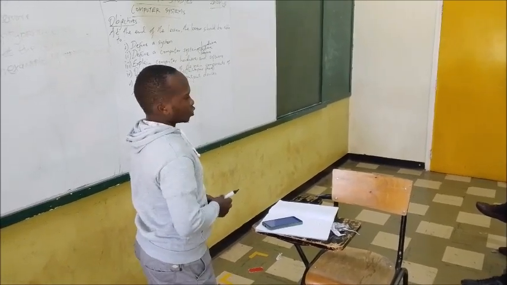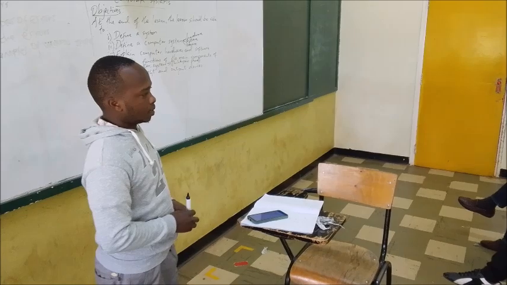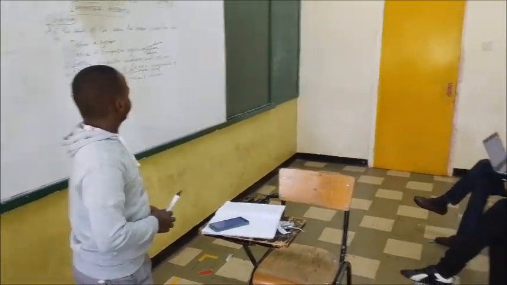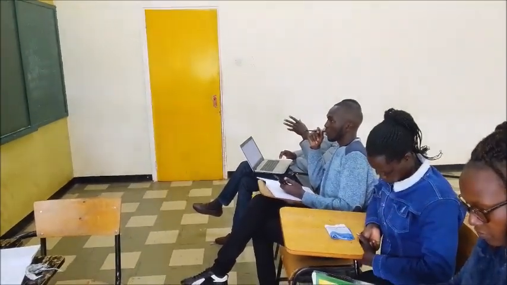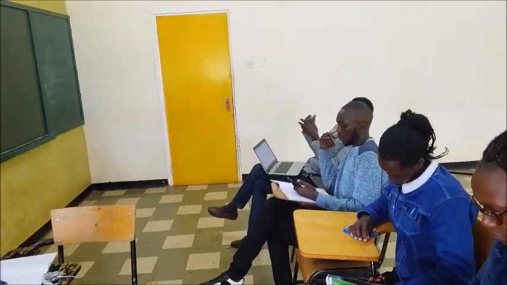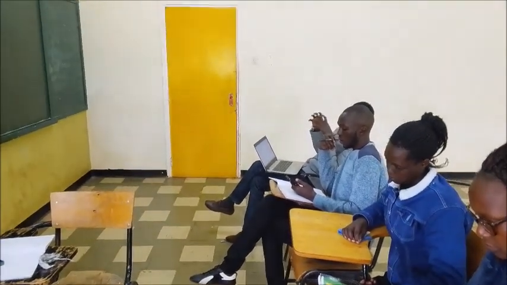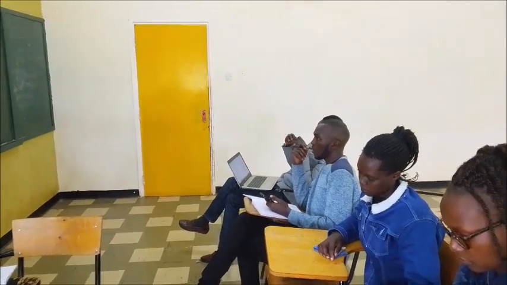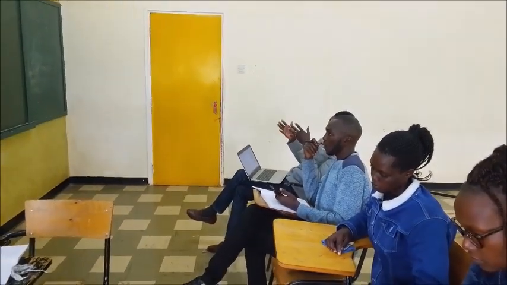What about the second group, computer software? The main functions of computer software. So for computer software, we have different types, like word processing, spreadsheets, and those software enable us to perform specific tasks according to what the user requires.